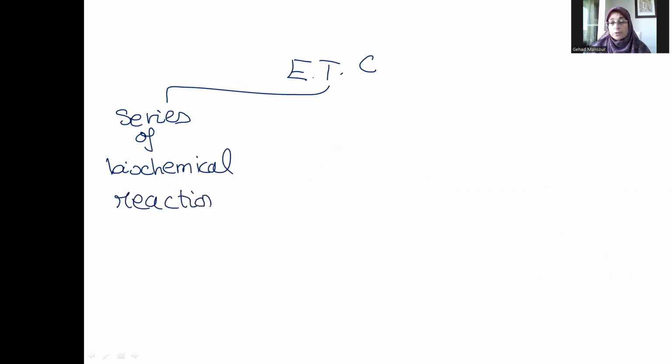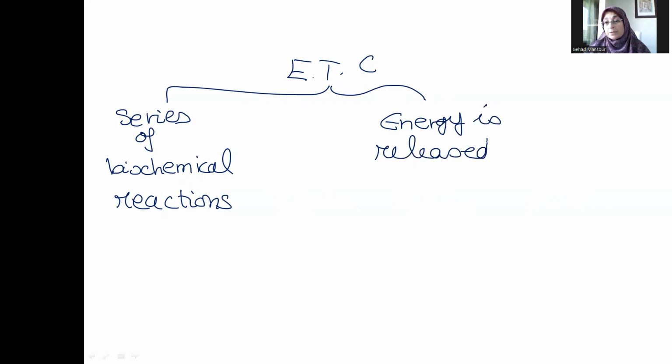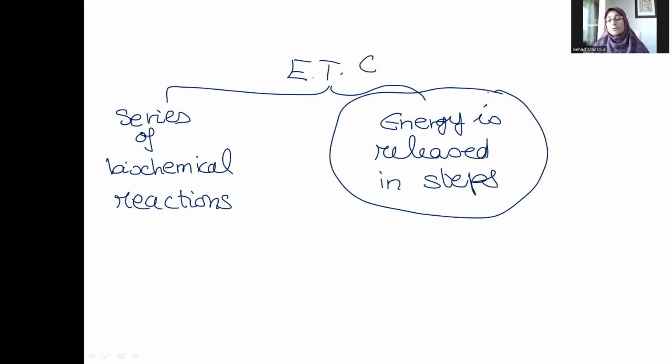And the most important thing in that series of biochemical reactions is that energy is released in steps. This applies to all biochemical pathways that include exergonic reactions. Splitting the process into a series of chemical reactions helps the energy to be released in steps, and therefore, when the energy is released in steps, the energy can thus be stored.